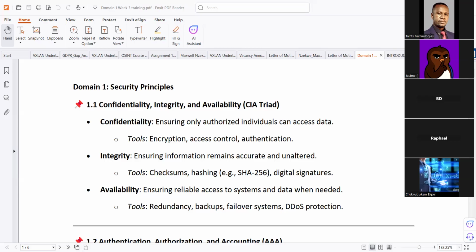Good morning, sir. I can just talk based on bits of experience, if you don't mind. Go ahead. So if I'm to use, for instance, a financial institution as a case study. Based on confidentiality, we're talking about protecting our customers based on authentication and authorization.